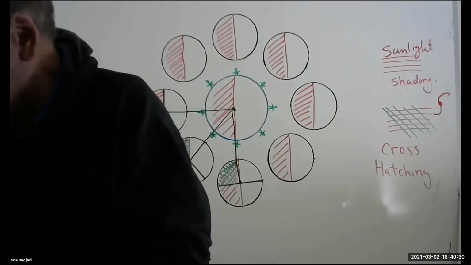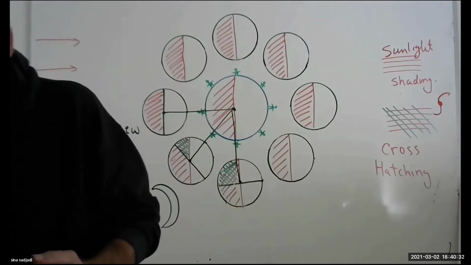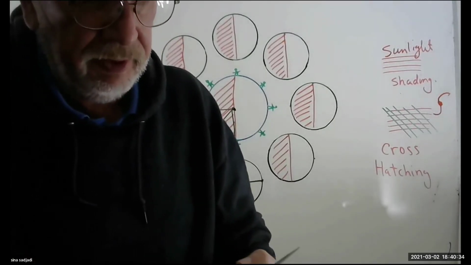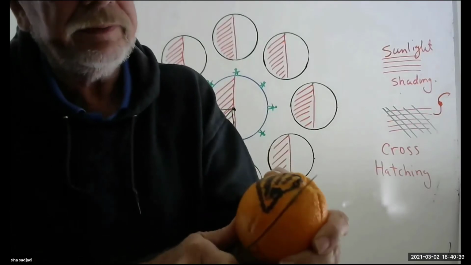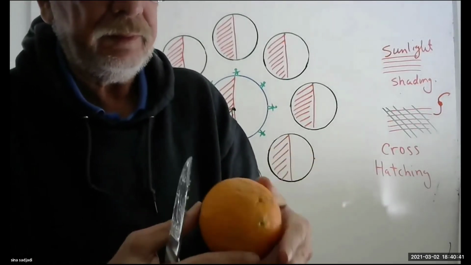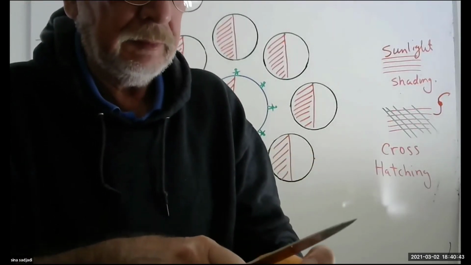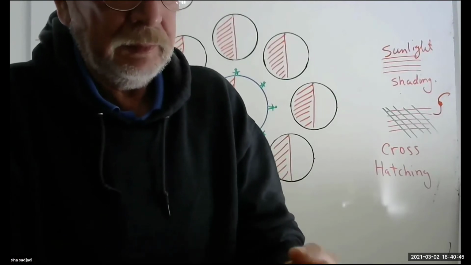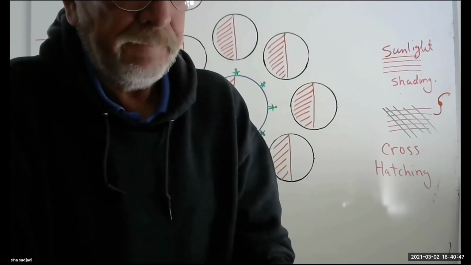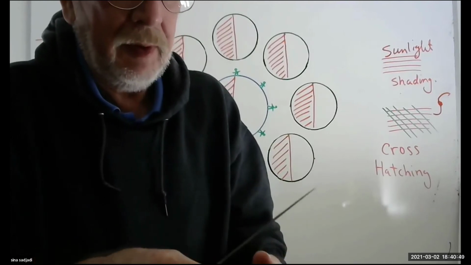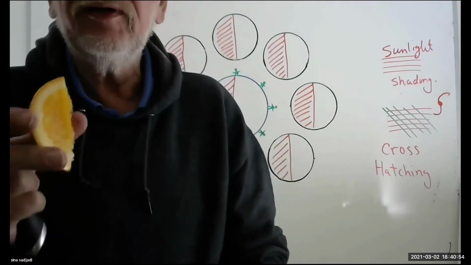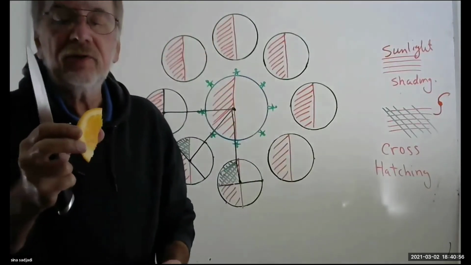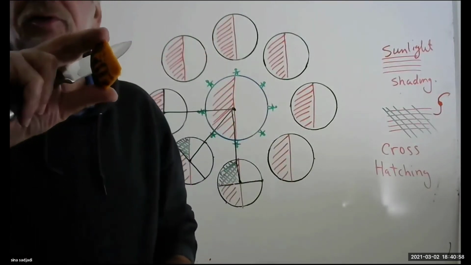But now watch what happens. If I don't cut my finger off, I should be able to do this. I'm going to cut a slice here. All right, so when I remove this slice, now I see, from one angle it looked like a triangle.